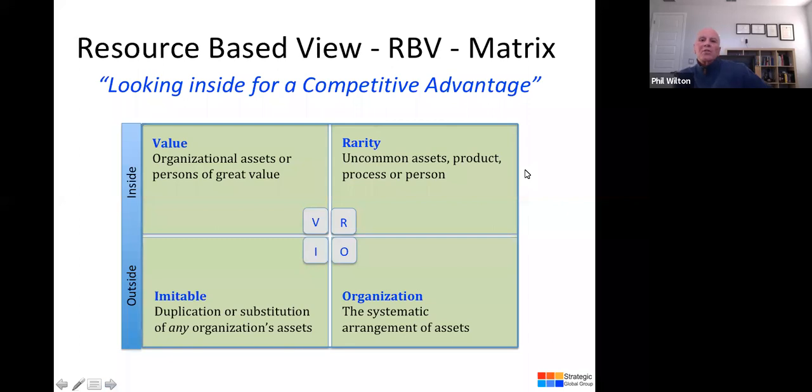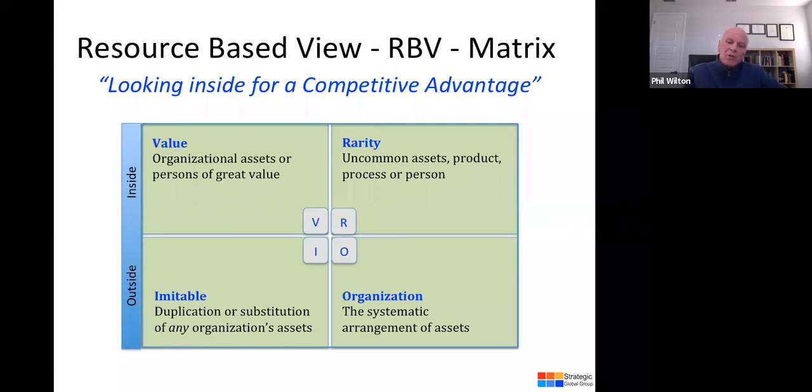So the resource-based view of strategy, I've designed this in the same way as the SWOT matrix. It's for simplicity, because what you're going to be doing is connecting all these matrices at the end of the day. But we're going to be looking at value, or an organization's assets, its rarity, uncommon assets, products, processes, or persons.